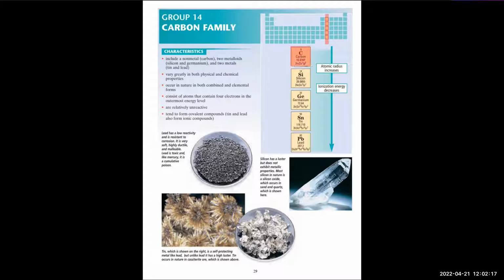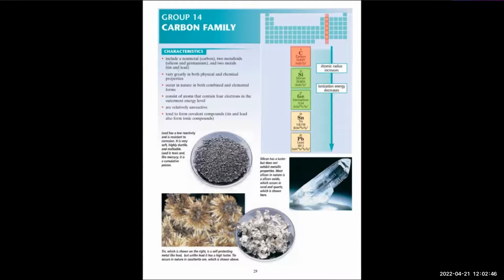We have silicon and germanium, that are metalloids. And we have tin and lead, that are metals. So in this group we're gonna have mixed properties, a variety of physical and chemical properties from these elements.